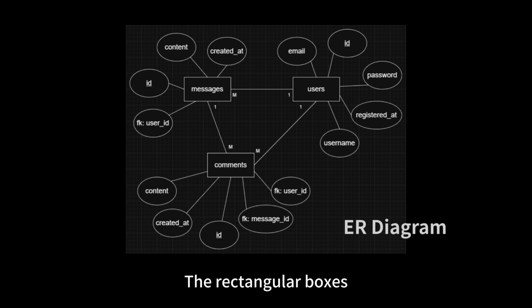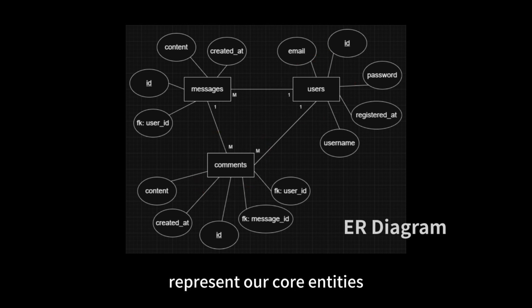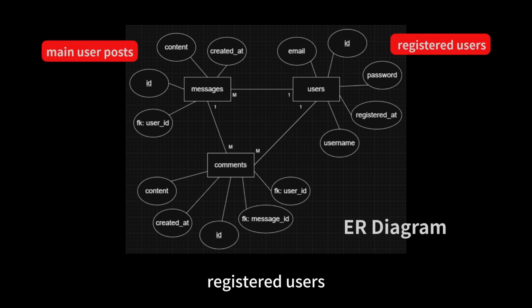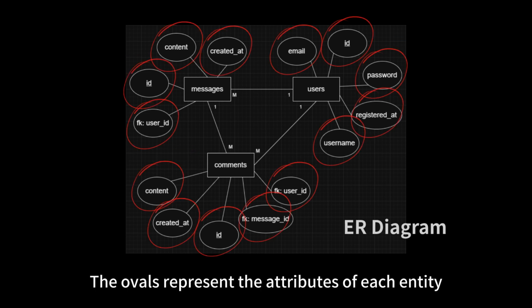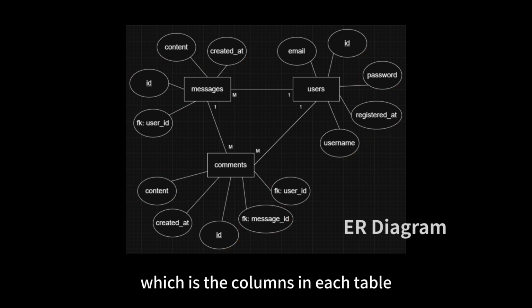The rectangular boxes, messages, users, and commands represent our core entities, which correspond to main user posts, registered users, and replies to posts, respectively. The ovals represent the attribute of each entity, which is the columns in each table.